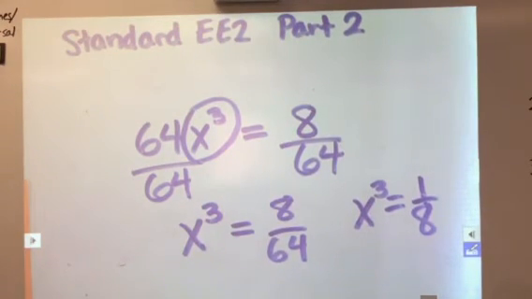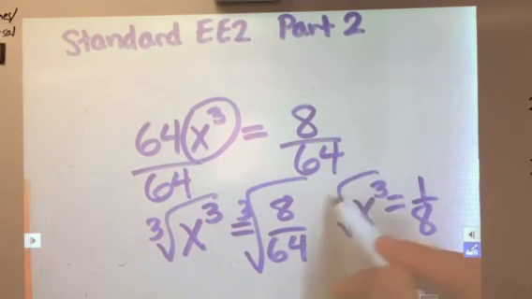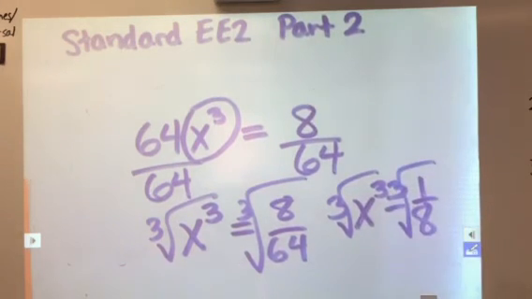But my next step, no matter what I do, is to take the cube root on both sides. When you're taking the cube root of a fraction, you take the cube root of the numerator and the cube root of the denominator. So here x is equal to positive 2 over 4, which simplifies to 1/2.